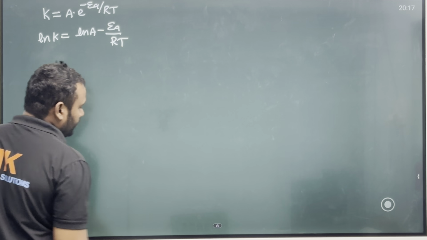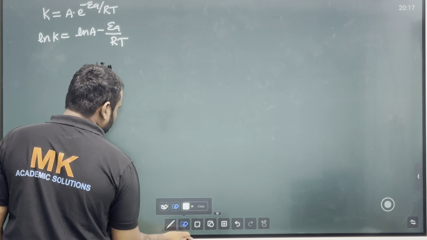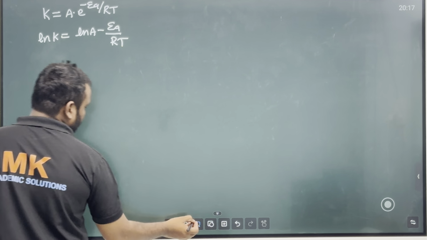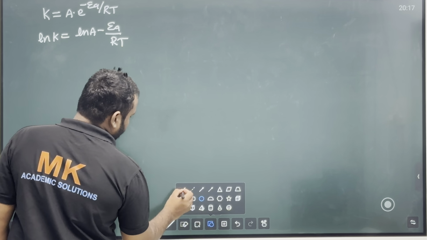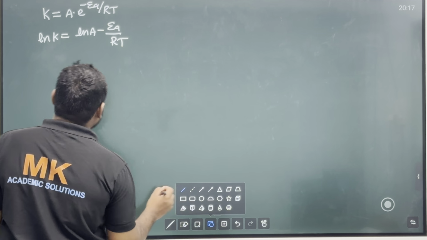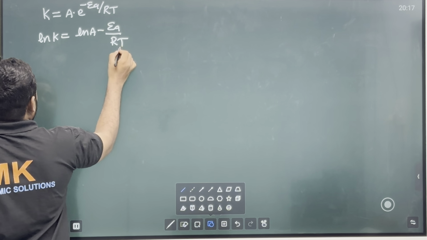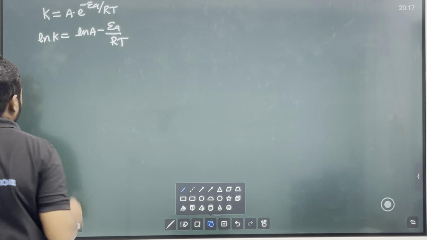So now we are going to plot the graph of temperature versus ln k.